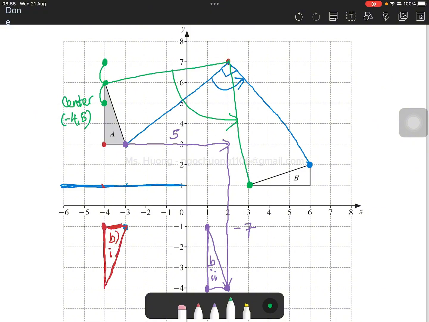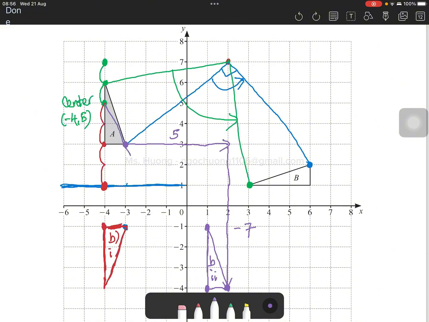And then we also check the distance from the center to the red point. It is 2 units. So we continue to move 2 more units. And this one is the image of that red point. Then we also check the distance from the center to the purple point. It is 2 units.